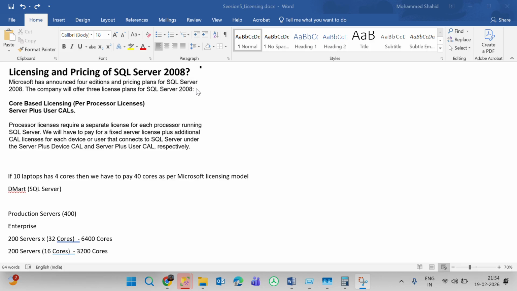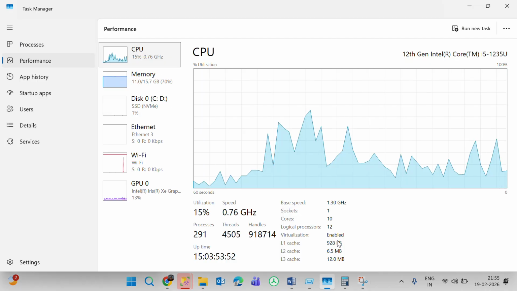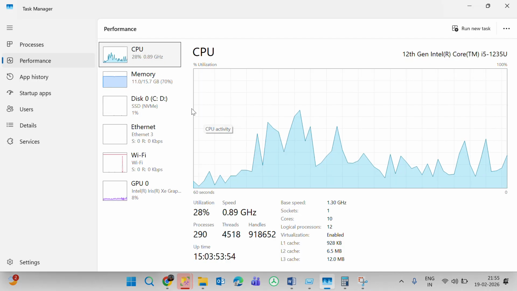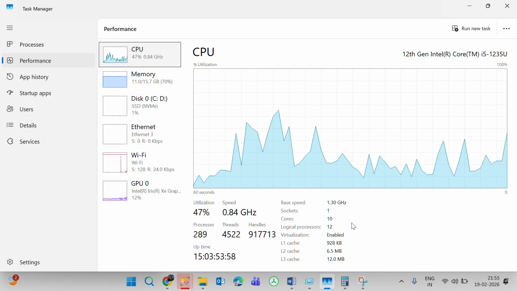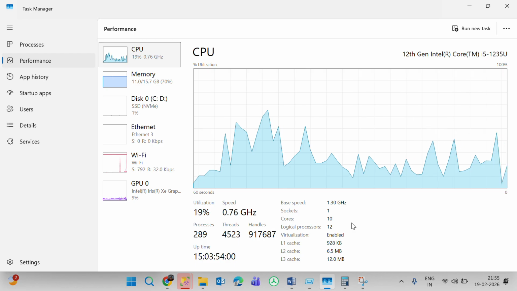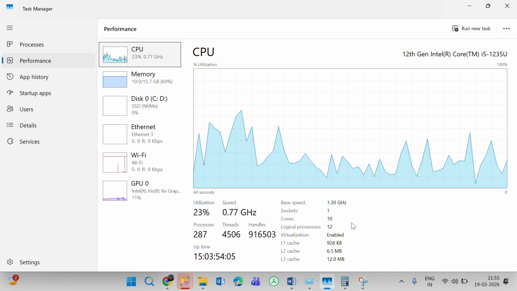As per the licensing cost provided by Microsoft, they charge per two-core pack. For example, if you go to Task Manager and open the CPU, we'll find 10 cores here. They charge per two-core pack. Consider this laptop as enterprise edition.